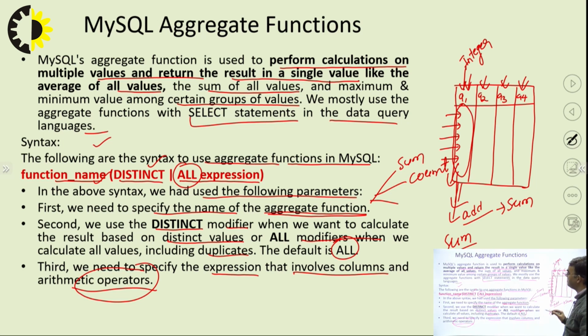First, we write the function name, followed by either DISTINCT or ALL. Then we put the expression, meaning for which column we are calculating, operating, and processing. That will be the syntax of the MySQL aggregate function.